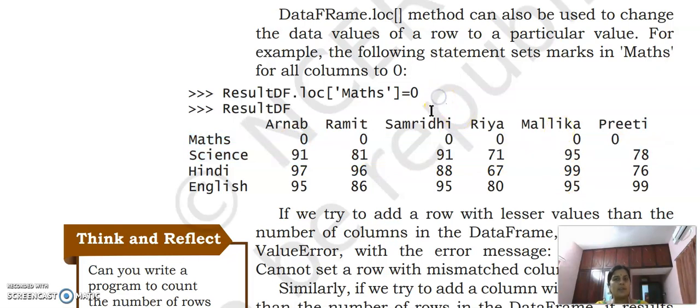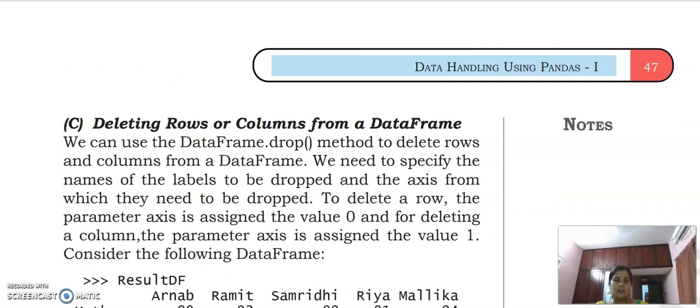Only one zero is used, so in all columns the value becomes zero. When you study this topic, compare it with the column case. The only difference is the dot loc method.